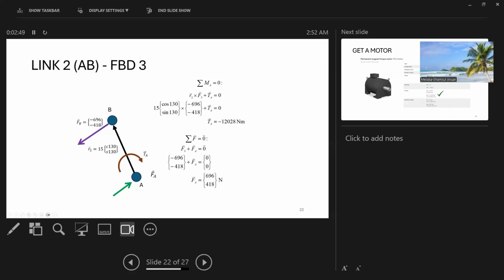The force over here, the reaction at the pivot A, would be 696 and 11 for 18.